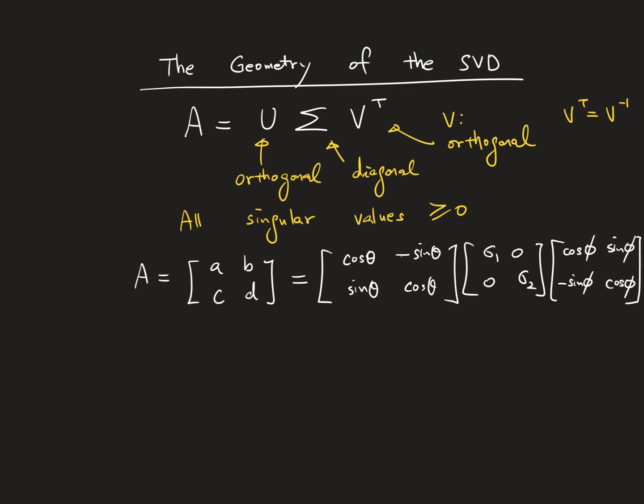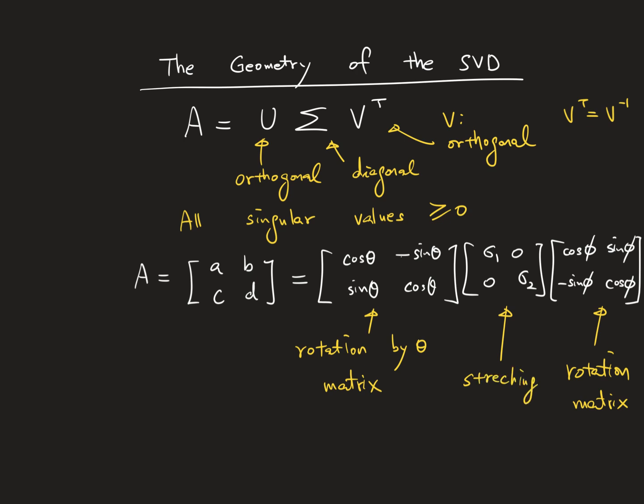This is a rotation by theta matrix. This is another rotation matrix. And this is a diagonal matrix, but we can think of it as a kind of stretching matrix.